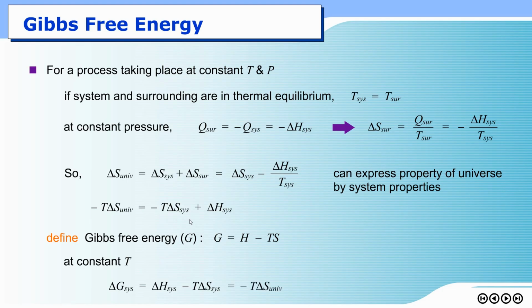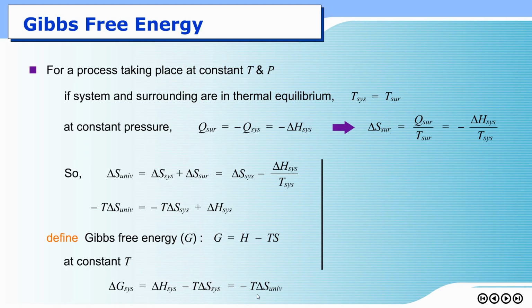So therefore we can link delta G of the system to minus T delta S of the universe. Once again, you can use a system property called Gibbs free energy to predict the delta S of the whole universe, and therefore we can use the second law by considering system properties only. We don't need to worry about the surroundings anymore.